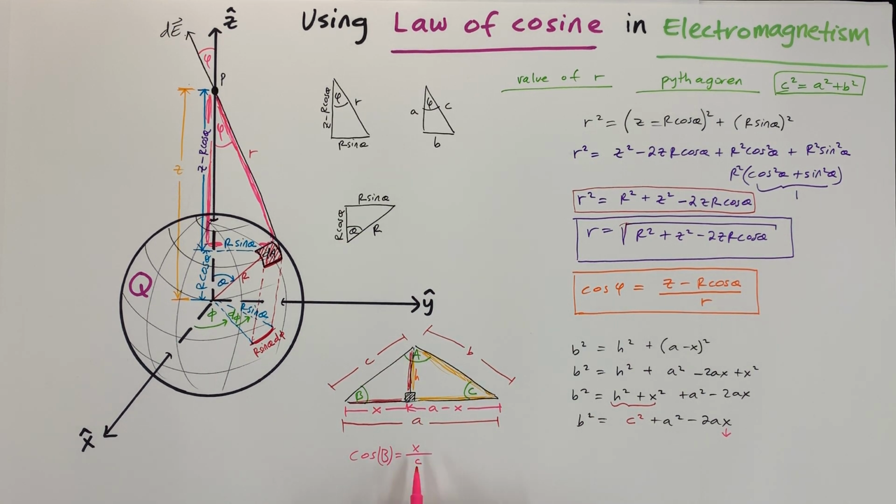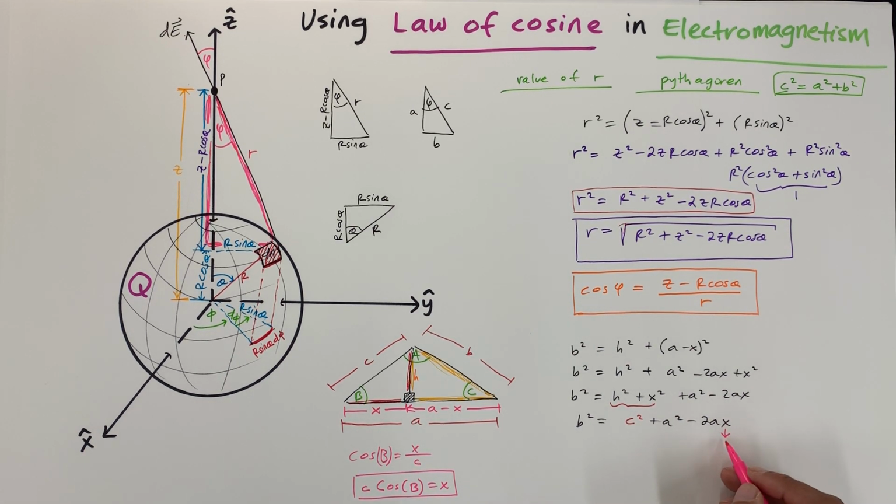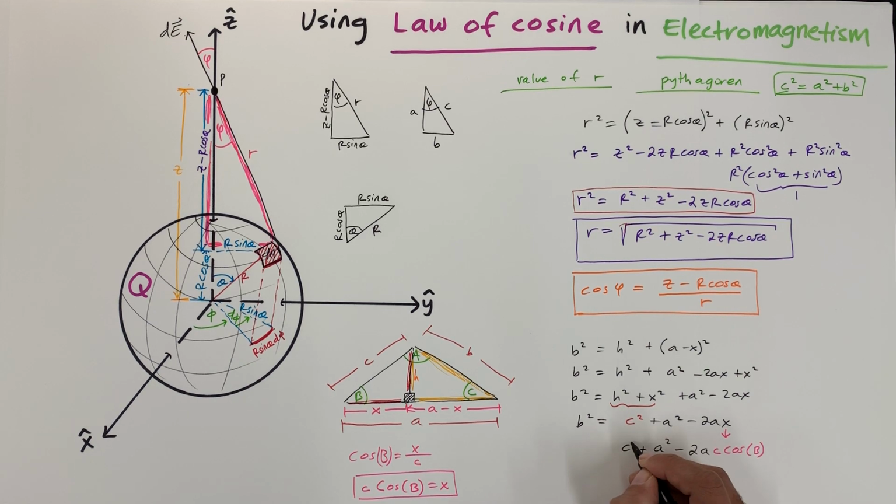We pass the c over, and we get c cosine of b equal to x, which is perfect. That's what we want right here. So I'm going to write it out, c and then cosine of b, and then we bring down everything else. We have a, 2, I'm just going to write it backwards. a squared plus c squared equal to b squared.